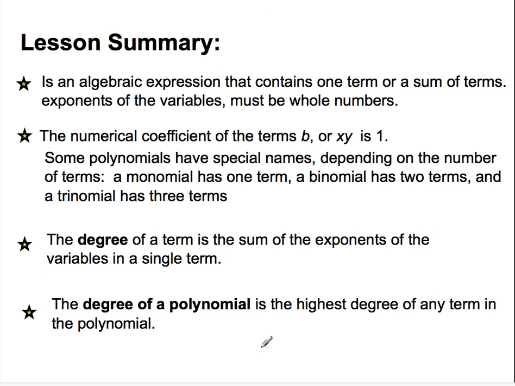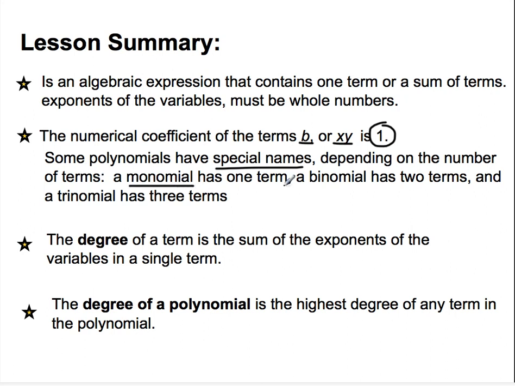So a polynomial is an algebraic expression that contains one term or a sum of terms. Exponents of the variables have to be whole numbers. The numerical coefficient of the terms b and xy is 1. Remember that. That's usually tested. There are special names depending on the number of terms.